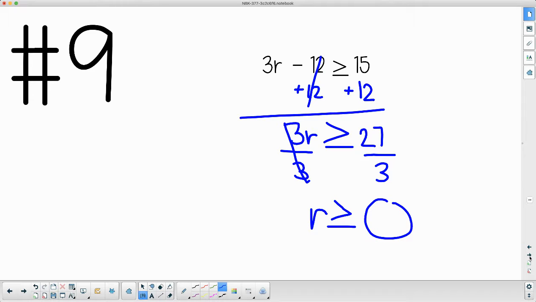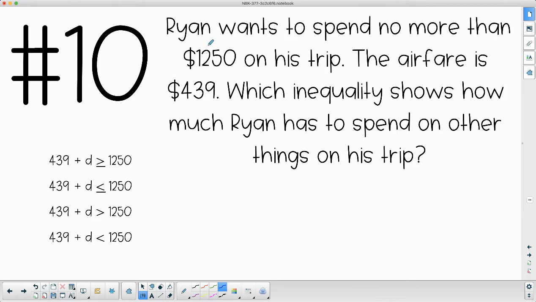which will give you your final answer. Number 10, Ryan wants to spend no more than $1,250 on his trip. So that is the most that he wants to spend, no more than that. It sounds like he can spend exactly that, but he just can't spend more. His airfare is $439. So we need an inequality.